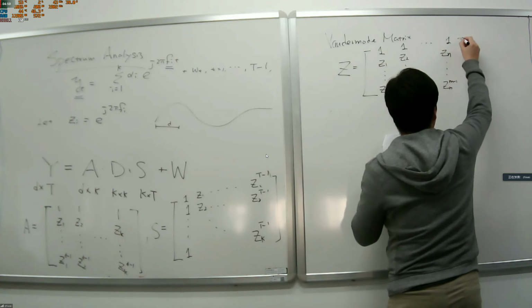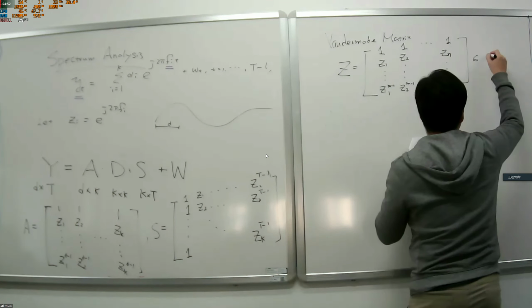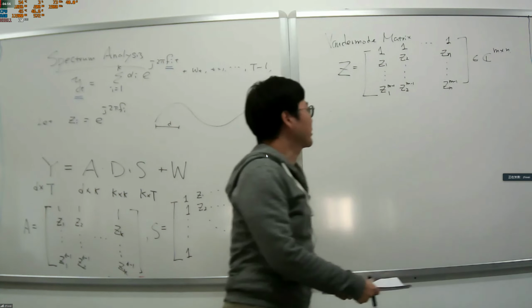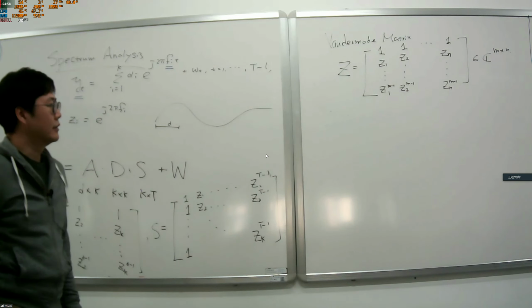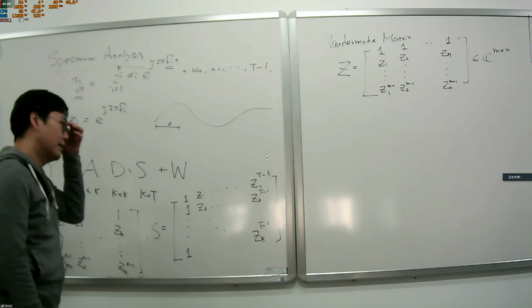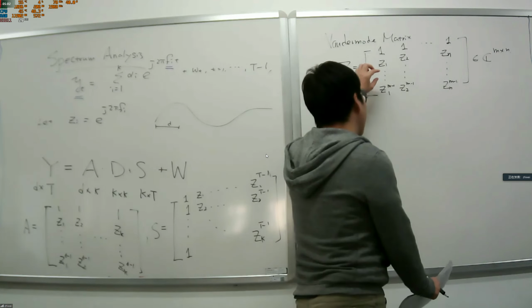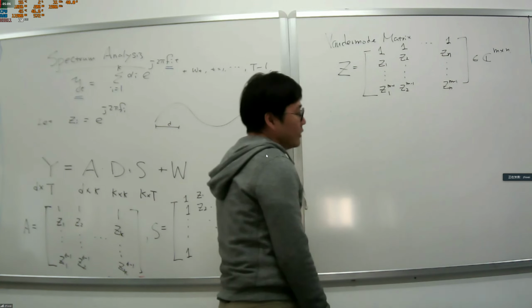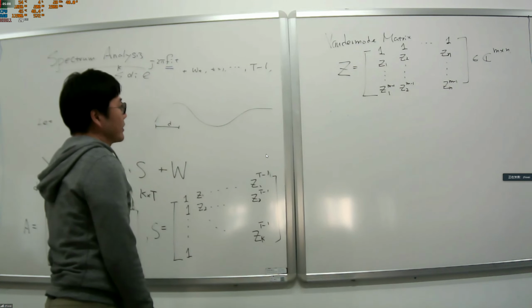Because this is an m by n Vandermonde matrix. So here we have z1 to zn and to the power of n minus 1. Okay, so it's an n by n matrix.